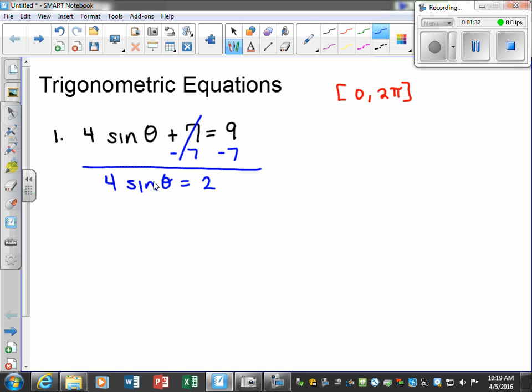Divide both sides by 4. Good. If it helps you to zone in, treat this just as an x until we get to our last step. So now let's divide both sides by 4. Whatever you do to one side, do to the other. So sine of theta is equal to 2/4, which simplifies to 1/2.